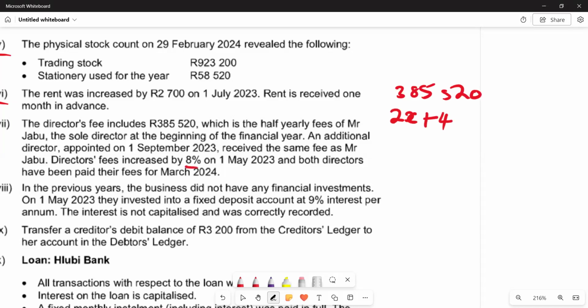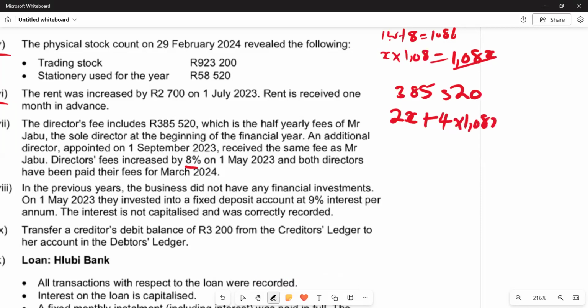So we say X times 1.08. Remember, we say 100% plus 8% to get 108%. And to convert to a decimal, it becomes 1.08. Then you multiply by X and we get 1.08X. So this is the director's fees after the increase, and it was for 4 months. So we say 4 times 1.08X, and if you add the 2X, you get the total for the 6 months, which is 385,520.